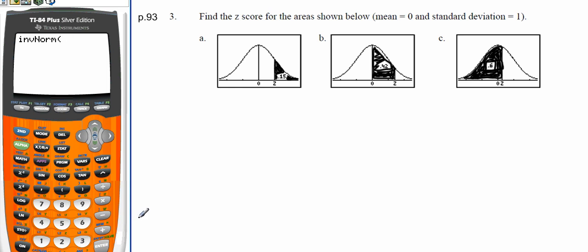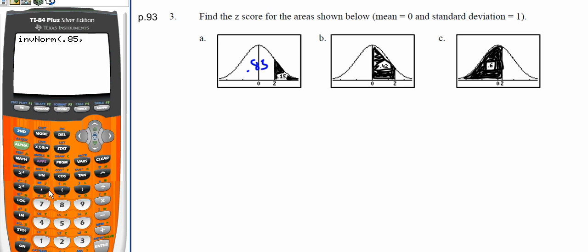Now we need to type in 3 things with this inverse normal command. The first thing we need to type in is the percentage to the left-hand side of wherever this z is. So in this particular problem, 0.15 is to the right of that z. So all of this over here is 0.85. So 85% of the graph is to the left of z. That's what we put in our calculator, 0.85.